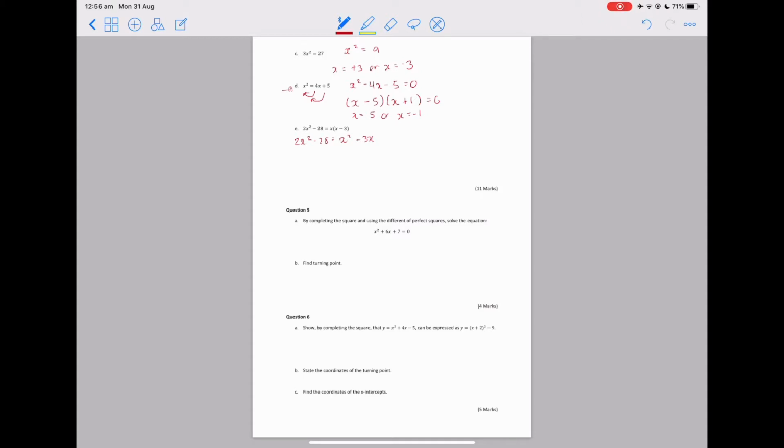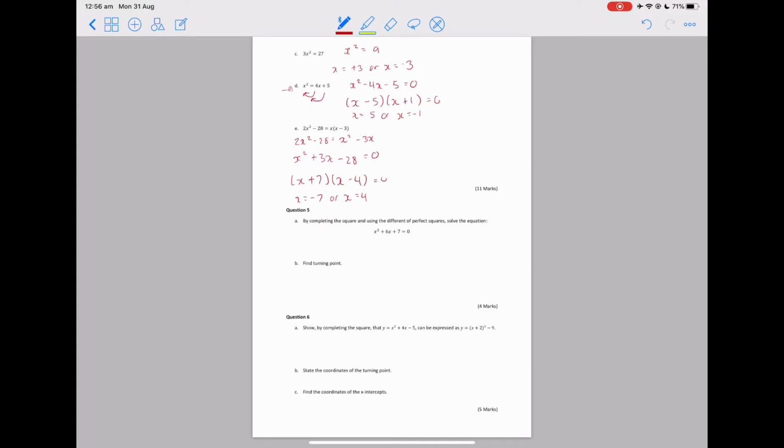So if you do that, then it's going to be x squared plus 3x minus 28 is equal to 0. Again, what we're going to try to do is factorize this. So this would be x plus 7, x minus 4 is equal to 0, because positive 7 minus 4 gives you positive 3, and you multiply these two, it gives you negative 28. Use null factor, hence x is equal to negative 7, or x is equal to positive 4.